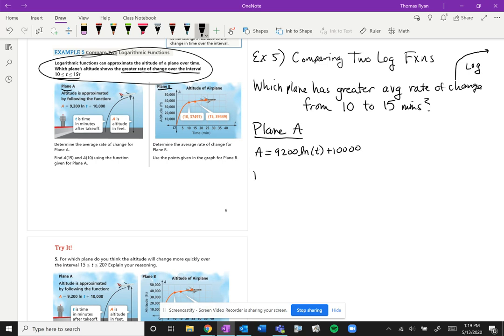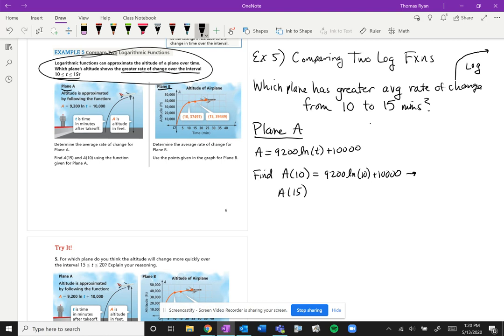So we need to find A of 10 and we need to find A of 15. So A of 10, we're going to plug 10 in for t. So 9,200 times natural log of 10 plus 10,000.